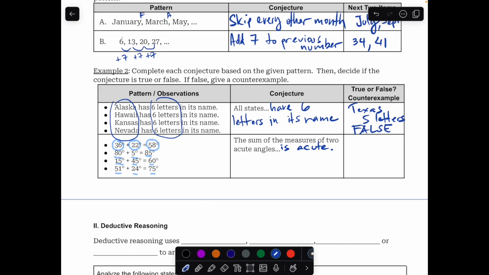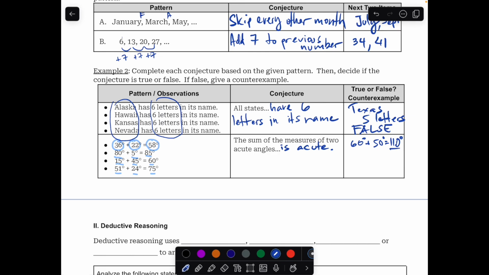So, is this conjecture true? Well, let's think of a counterexample. Let's look for some big numbers, right? Let's say 60 degrees and 50 degrees. Both of these are acute, and let's add them up, and we get 110 degrees.